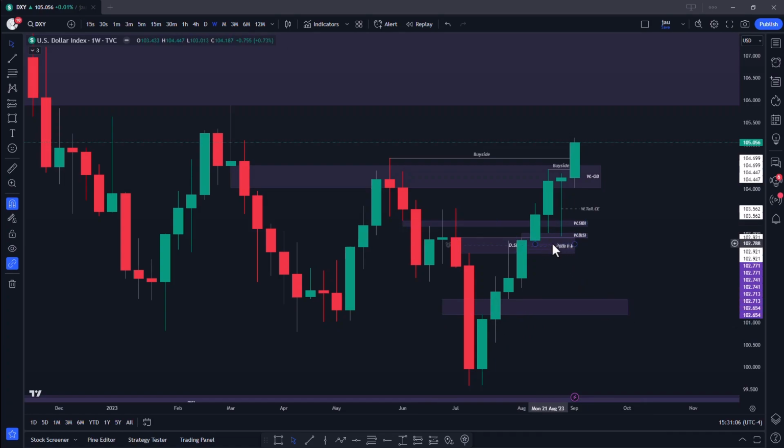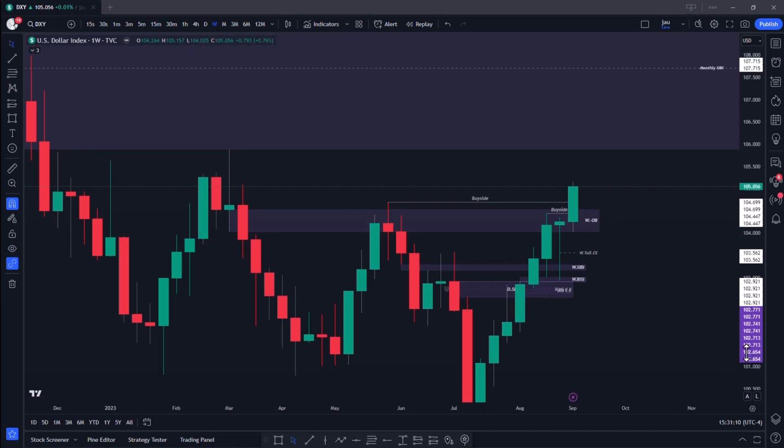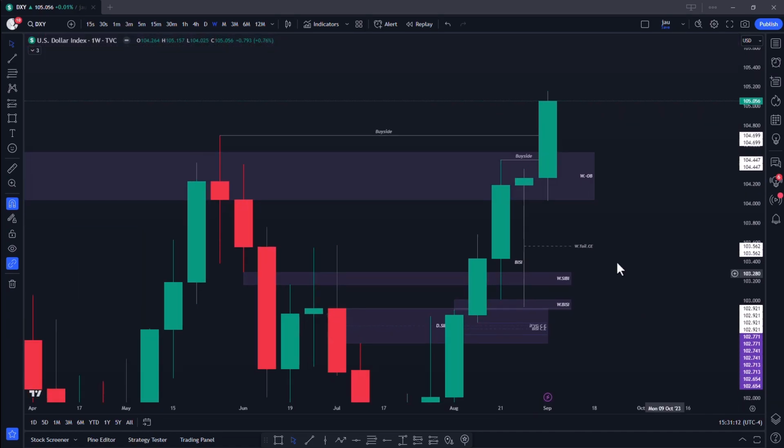If we close below this, which I don't want to see us do, I would like to see how we treat the consequent encroachment of this tail, and we may trade to this sell side imbalance from this candlestick's low to this candlestick's high. It's a sell side imbalance pulled over time. We may use it as support to push higher. We may see it used as support, but I'm mainly looking at the consequent encroachment of this tail.